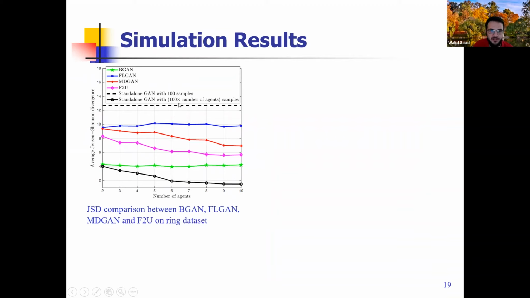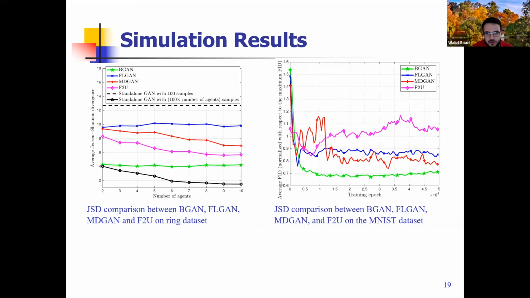And it goes down because we multiply by the number of agents, so as to keep the comparison kind of fair, quote unquote. If you do BGAN, you can see it's very smooth with the number of agents. You can maintain a very good JSD compared to F2U GAN, MD-GAN, FL-GAN as well. And there are significant gains in terms of the JSD, which essentially is accuracy, compared to FL-GAN.